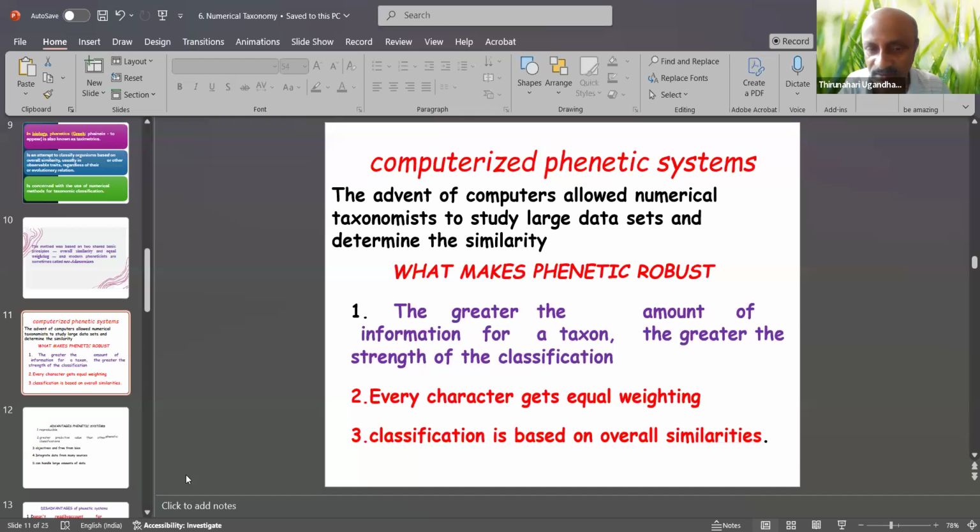Every character gets equal weighting. The classification is based on overall similarities. Overall means many characters, many flowering and vegetative characters, with equal size, equal shape, equal number, that is numerical levels.